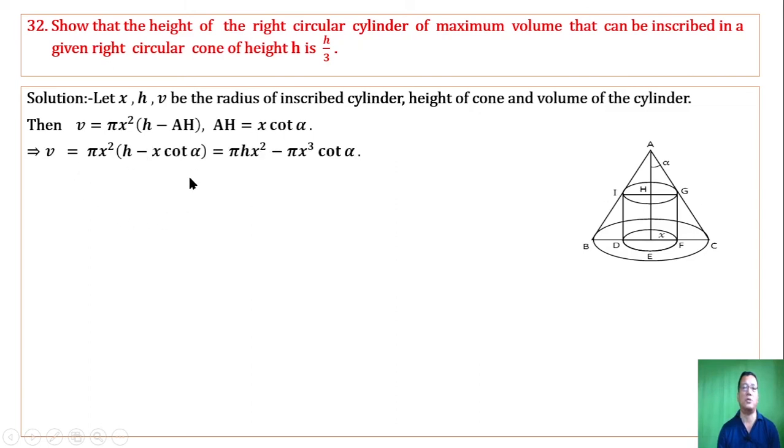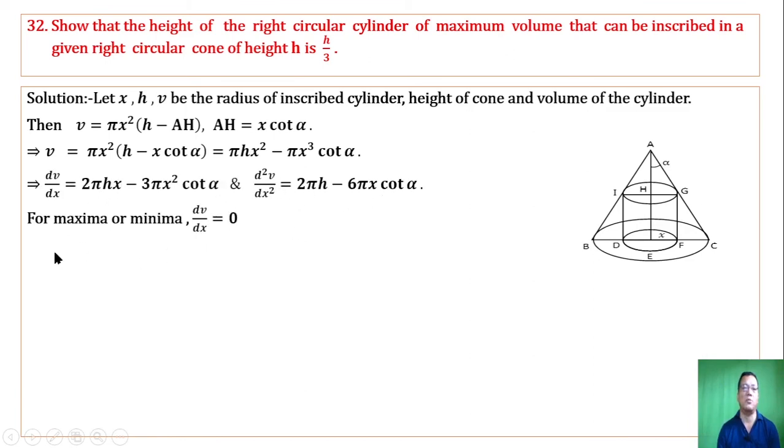Therefore V equals this, and expanding in terms of x, we find dV by dx and d square V by dx square. For maxima or minima, put dV by dx equal to 0. We have this, and solving, x equal to 2 by 3 times h tan alpha.